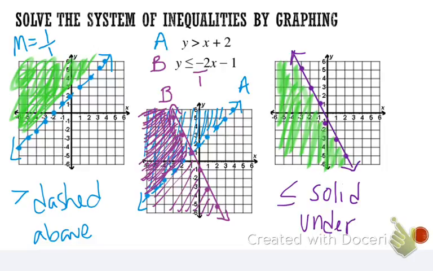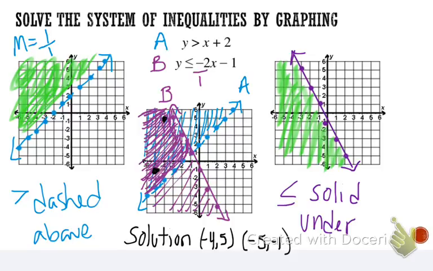All this area. So our answer here is going to be any point as long as it's on that area. So I could use, let's see, -4, 5. Maybe I want to use -5, -1 down here.